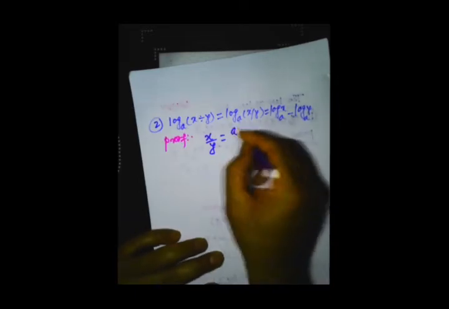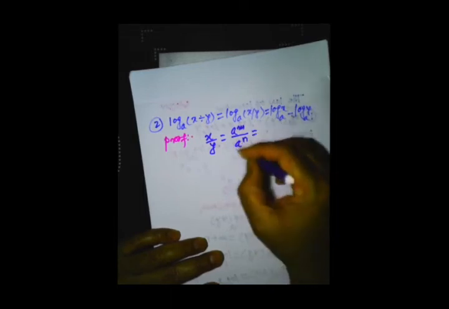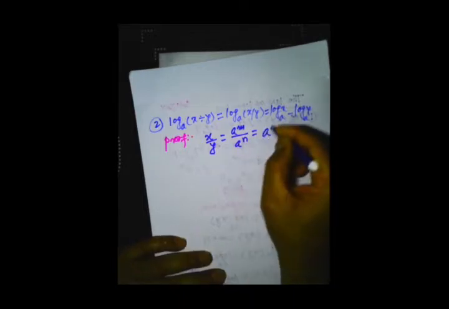So I will write here, this is a to the power m, and this is a to the power n, and because the bases are the same in the numerator as well as in the denominator, a to the power is going to be m minus n algebraically.